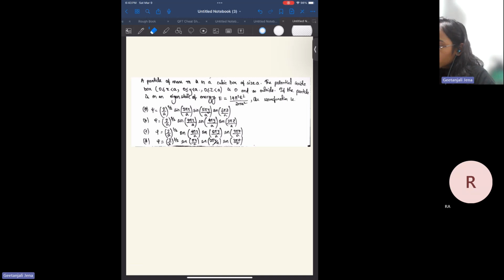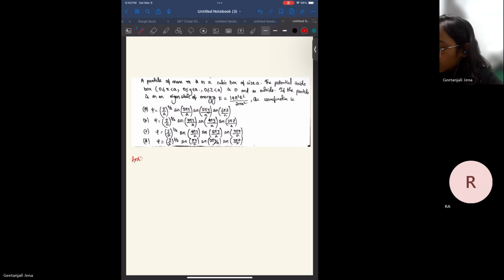So let me solve the next question. It is given a particle of mass m in a cubic potential box of side a, and the potential inside the box is V(x, y, z). It is 0 when x lies between 0 to a, y lies between 0 to a, and z lies between 0 to a, and infinity outside.